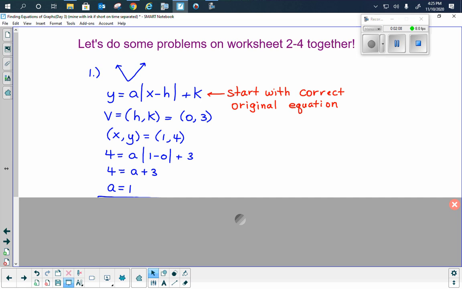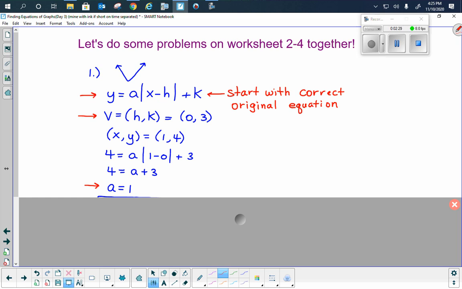Once we have a, we use the h and the k that were given to us, and we go back and fill this in. I'm using the a value I just found, the h and the k that we had, and going back to fill in the general equation from up top.